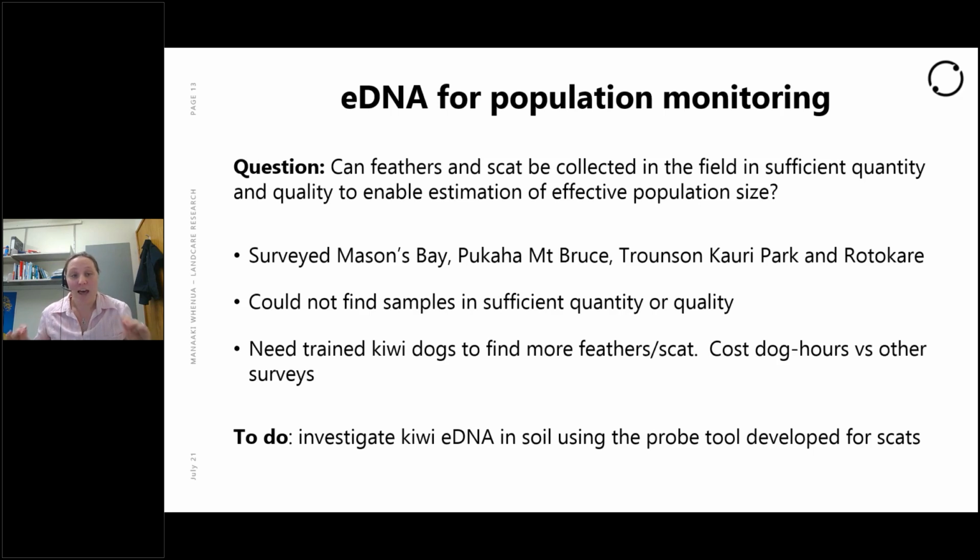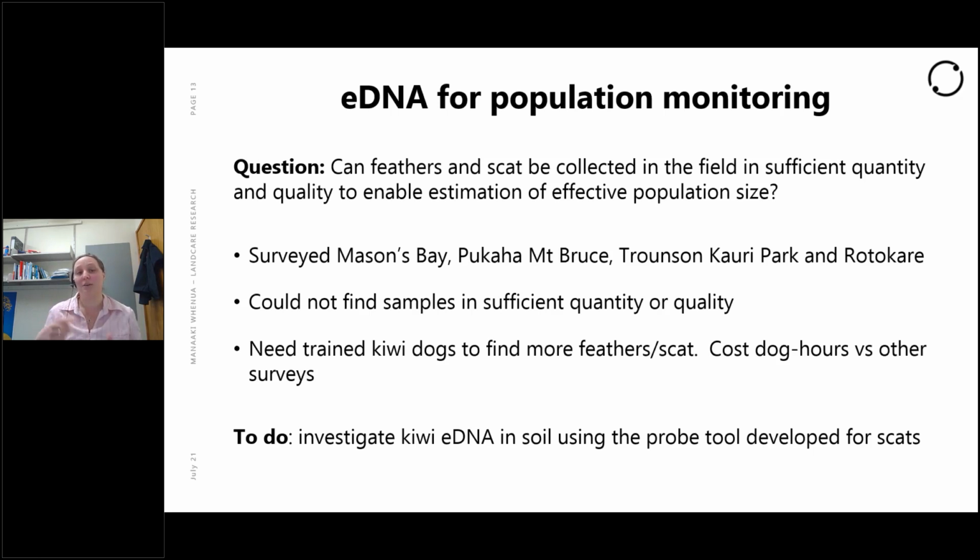There is one other thing that has arisen from this though, and that's that probe that we talked about where we found Kiwi DNA in scat. We can also find Kiwi DNA in soil. Again, because it's so highly degraded in the soil, we can't identify to the individual level, so we can't estimate effective population size.